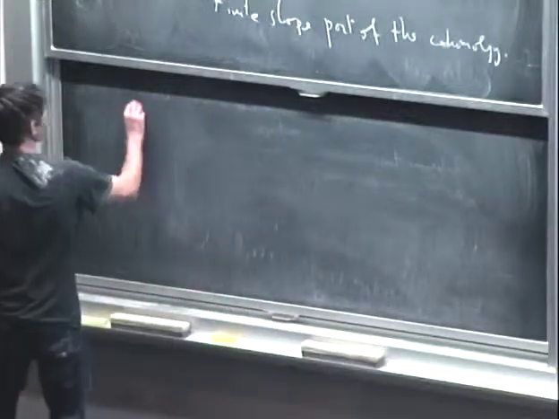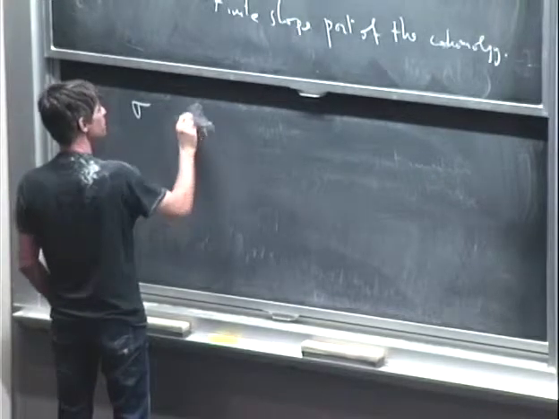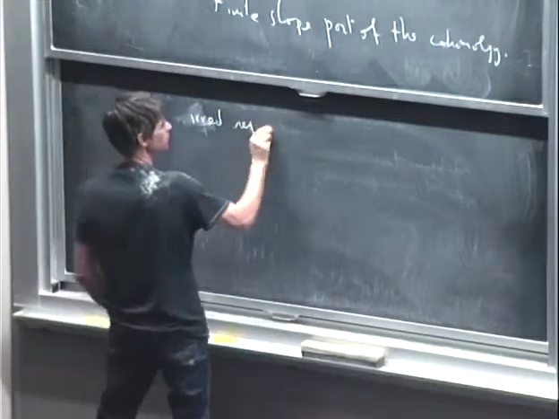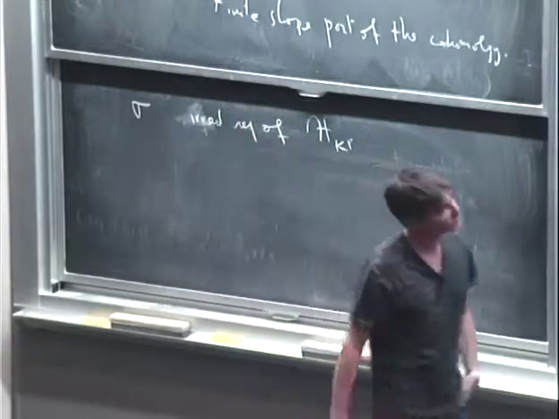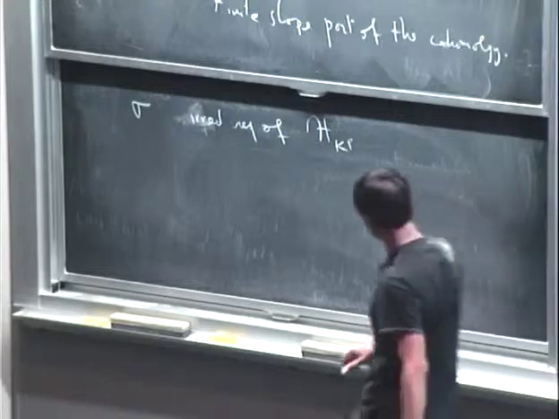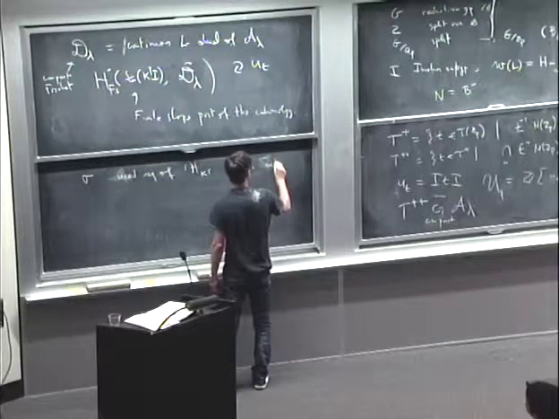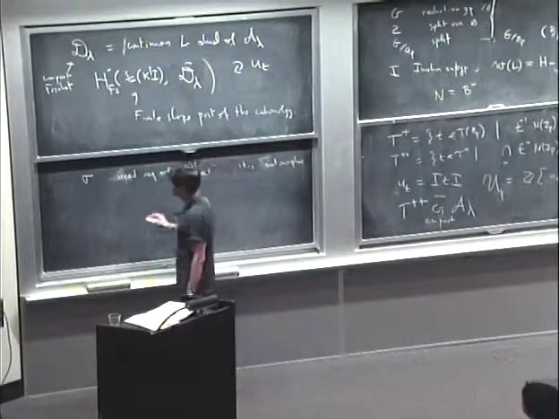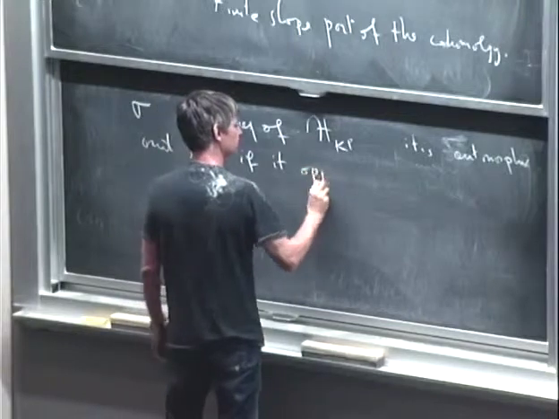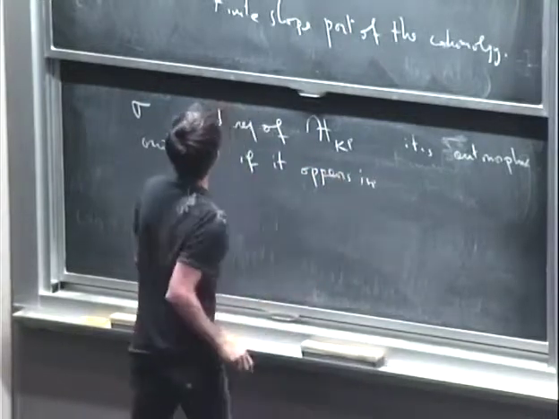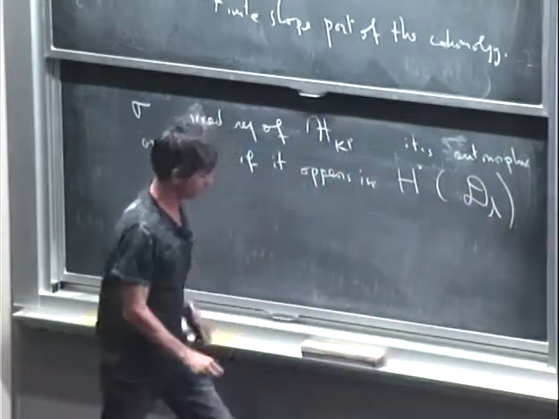So we said that if we have sigma, an irreducible representation of H of Kp, which is this Hecke algebra here, it is automorphic and finite slope if it appears in such cohomology. So I'm just going to write like this.